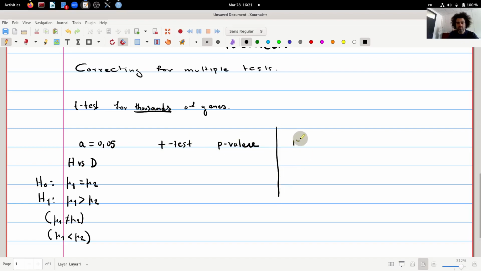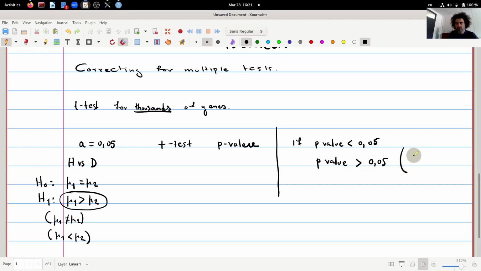So if the p-value is smaller than 0.05, we reject the null hypothesis and we accept, depending on the alternative, that for example the mean expression value in the healthy people is greater than in the sick people. If the p-value is greater than 0.05, then we cannot reject the null hypothesis.